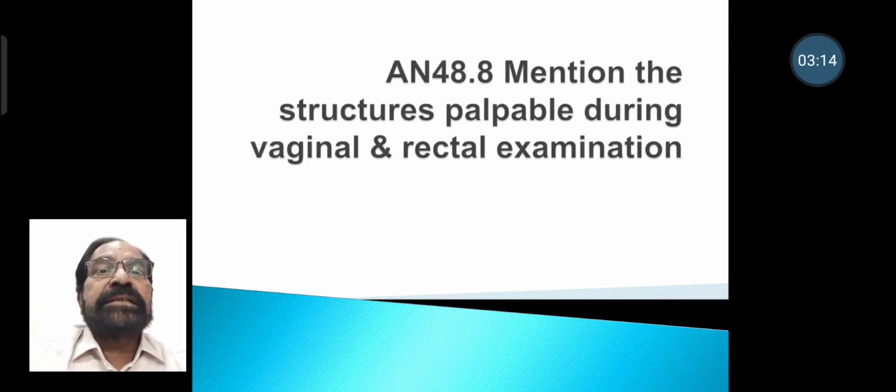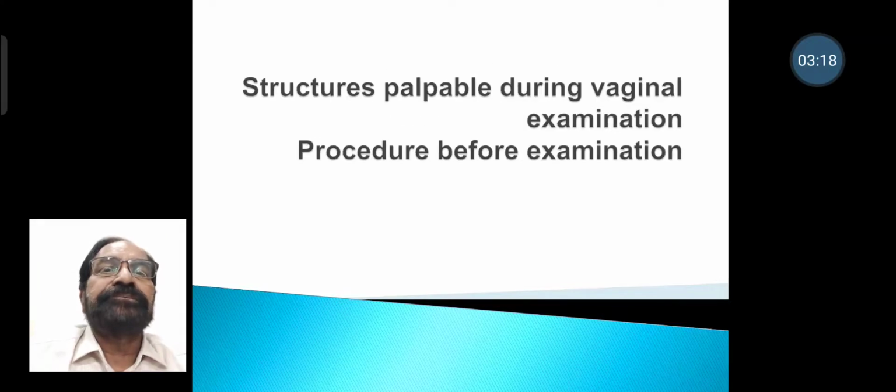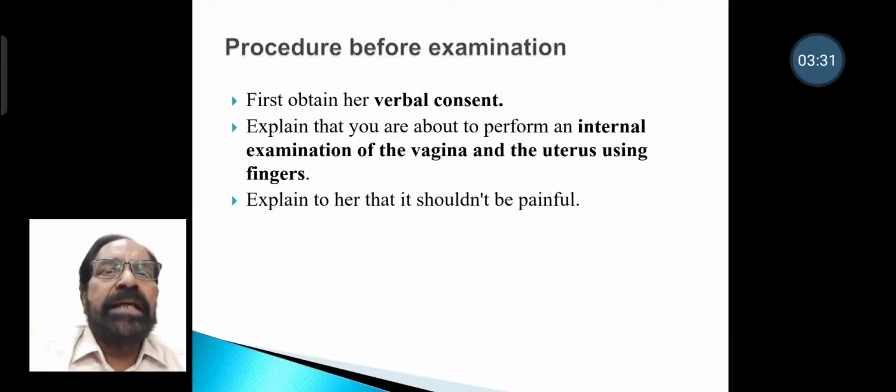Then structures palpable during vaginal and rectal examination. Procedure of structures palpable during vaginal examination and the procedure before examination. First, obtain her verbal consent.